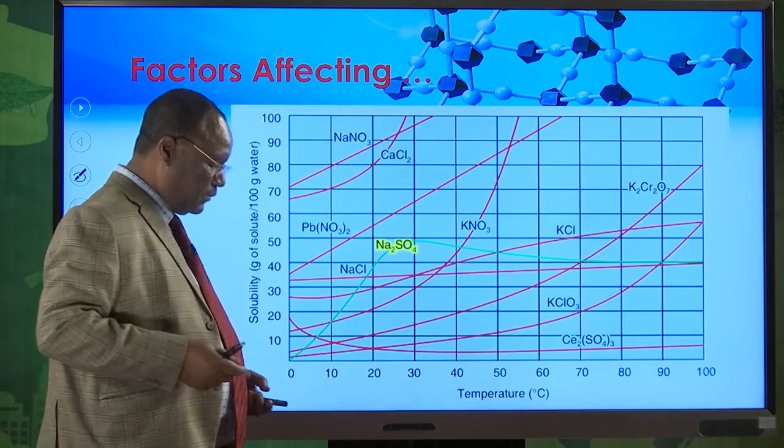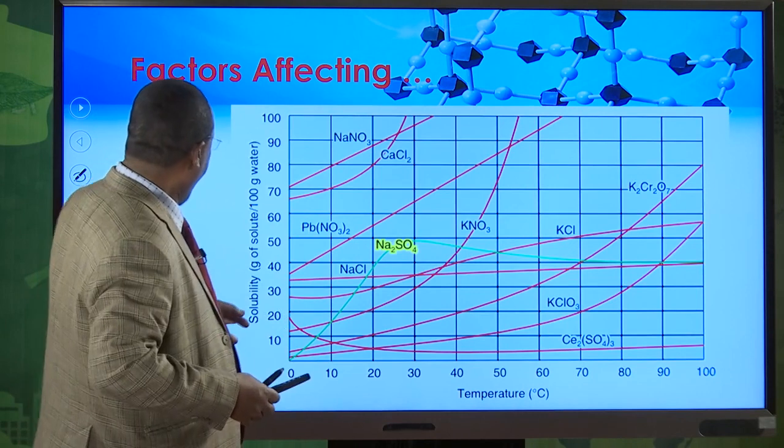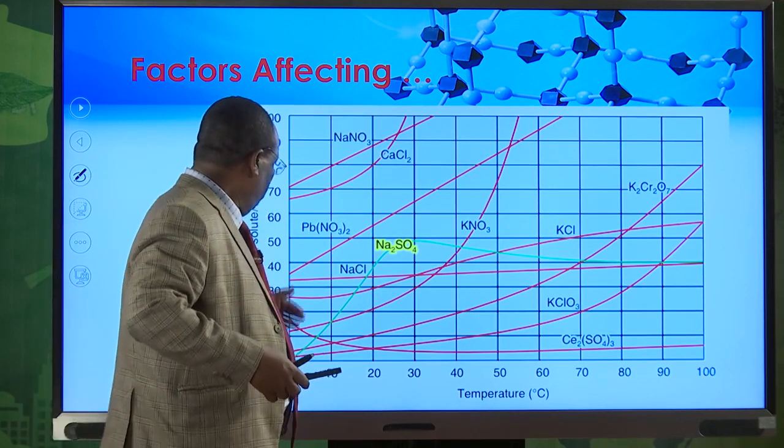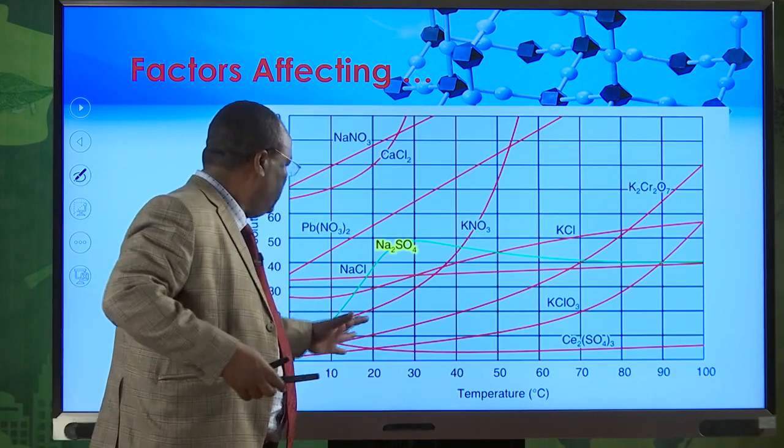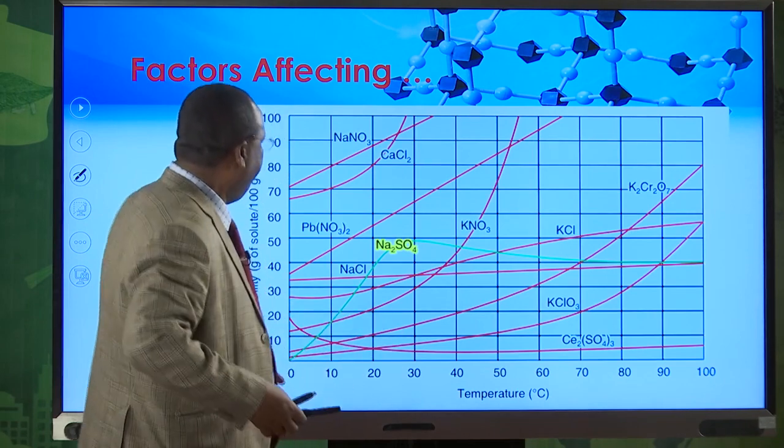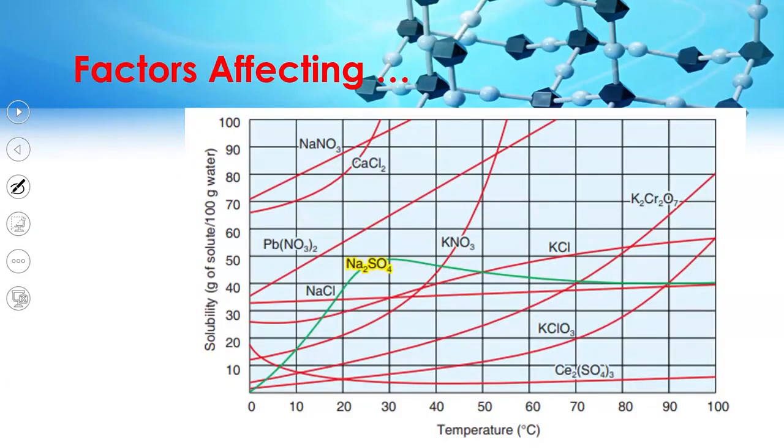As temperature increases, the amount of solid that can be dissolved in a given solvent increases. Look at this figure: this is the solubility, this is the temperature. Solubility versus temperature. For most substances, solubility increases as temperature increases. There are some substances, for example sodium sulfate: up to around 28 or 27 degrees Celsius, the solubility of sodium sulfate increases as temperature increases.